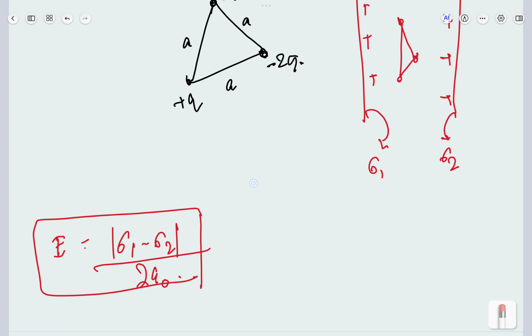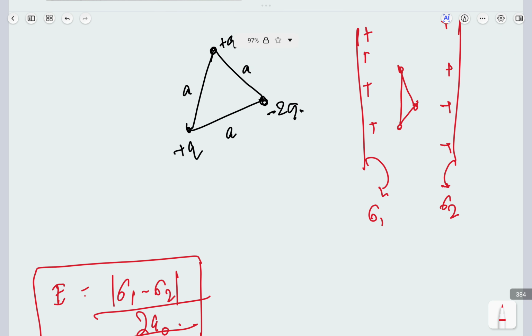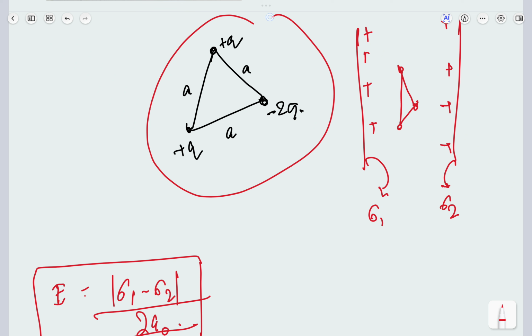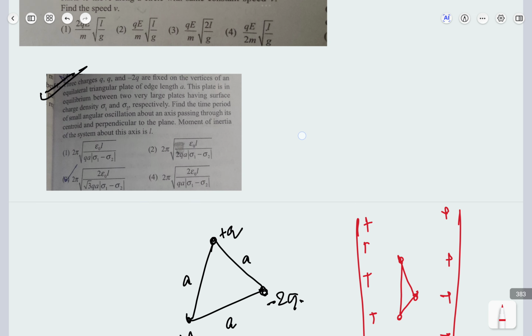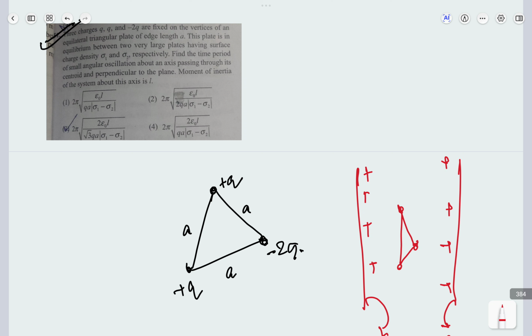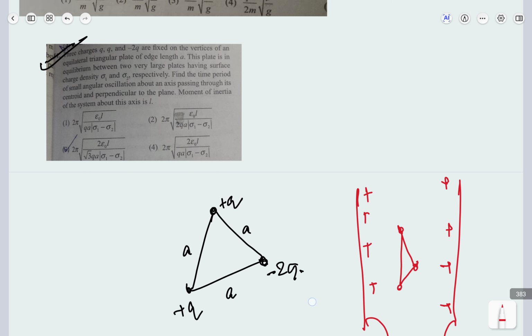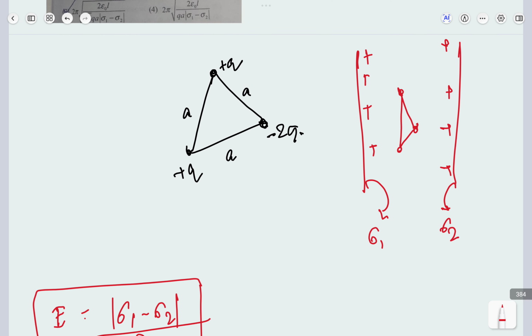All right, so now this becomes a normal torque question in an electric field. We have this particular figure and I have to find how much torque would act on it for a small oscillation through some angle theta.